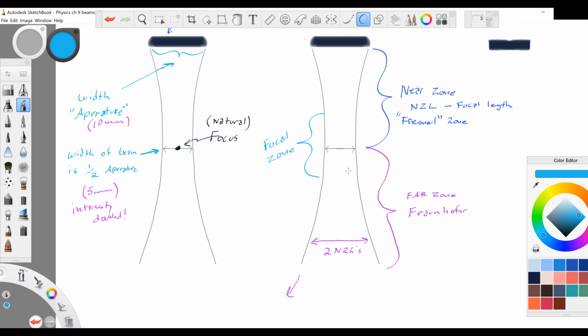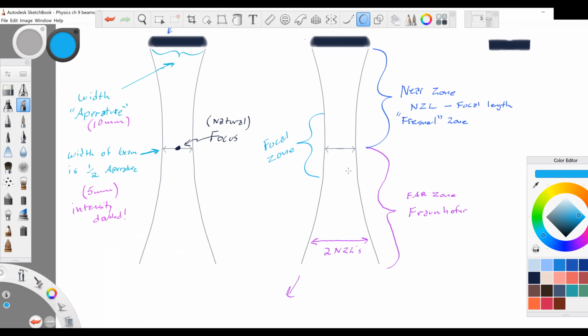By the way, this is a fixed focus transducer. We have no control over the focus. It just is where it is. There are transducers like that. Fortunately, not our transducers. We do change our focus, by the way, guys, and it does make a difference.